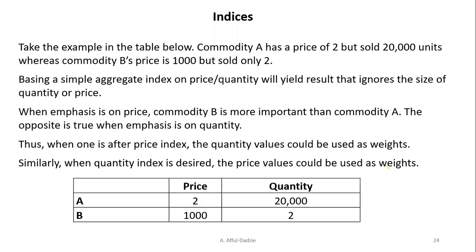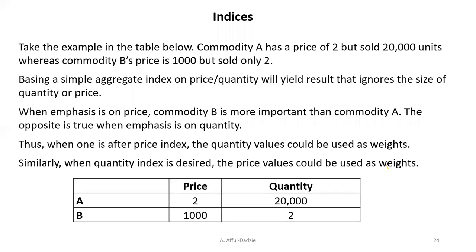So just giving an example, if you have something that is sold at a price of 2 cedis and you have a quantity of 20,000 being bought, and something that is being sold at a price of 1,000 cedis and then only 2 is being bought, it is like comparing water and gold. Even a bucket of water is still less than 1 cedi. So someone can buy as many buckets of water in a day or in a week.